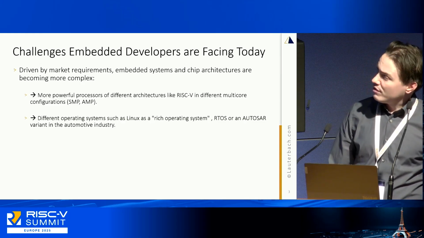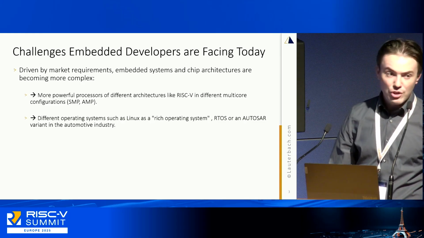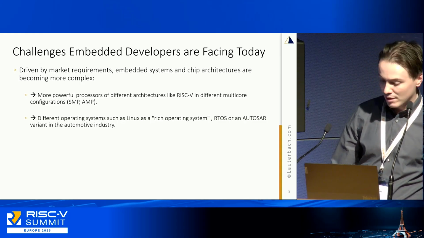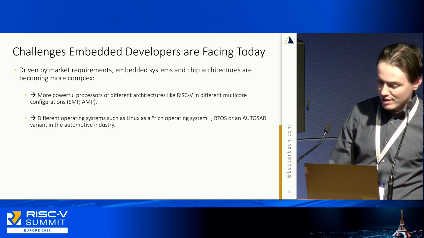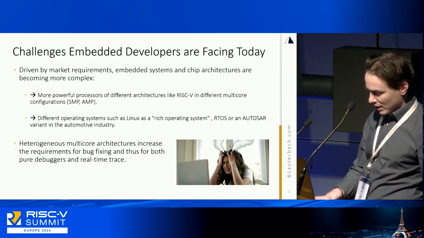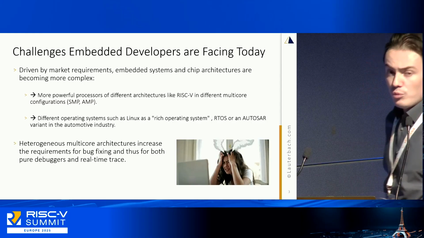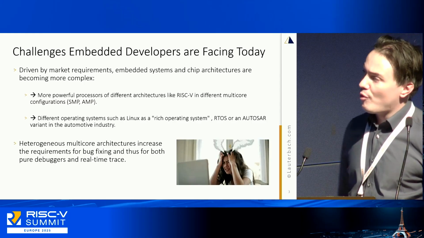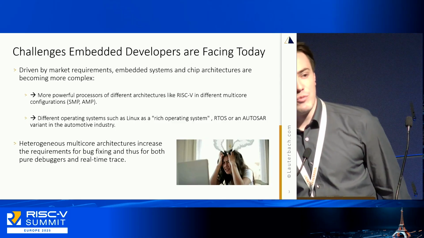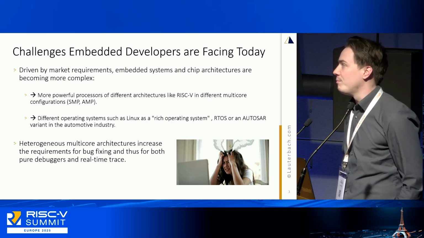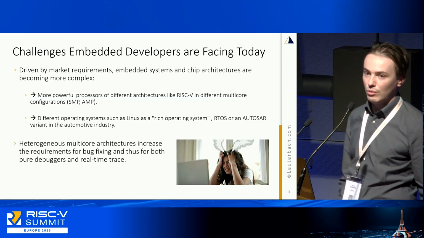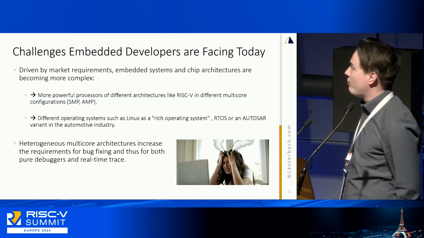You could also have different OSs, typically a rich OS like Linux, and also AUTOSAR OSs. In conclusion, we at Lauterbach are seeing more and more complex systems with different OSs and hypervisors, and thus it requires efficient debug tools, and that's where we are focusing on.